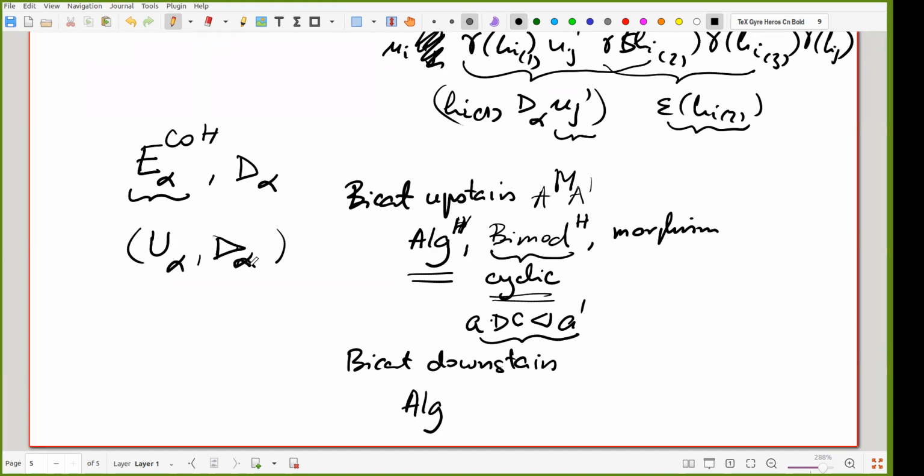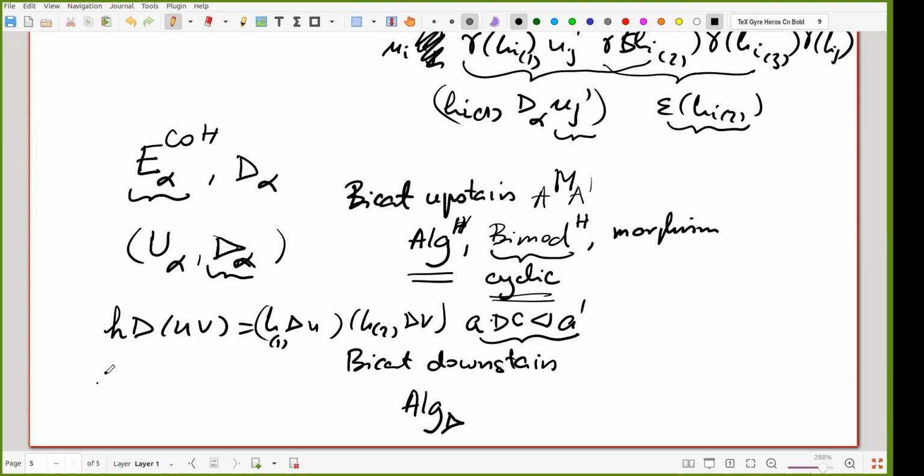That's some action. So I will have these algebras which have this delta, and this delta is respecting the situation that H is a Hopf algebra. Namely, if I act on the product UV, that will be H1 acting on U and H2 acting on V. And also when I act on one, it's epsilon of H times one.